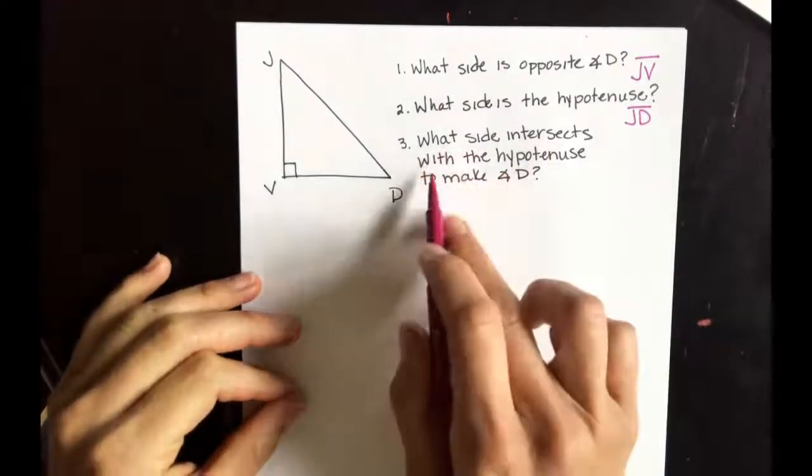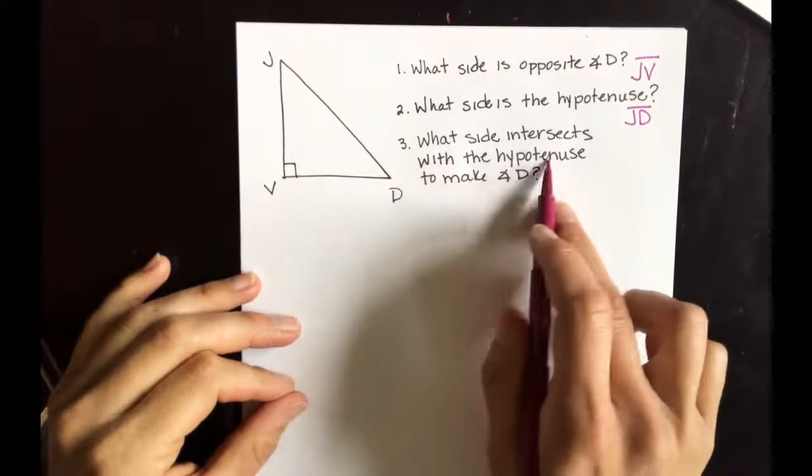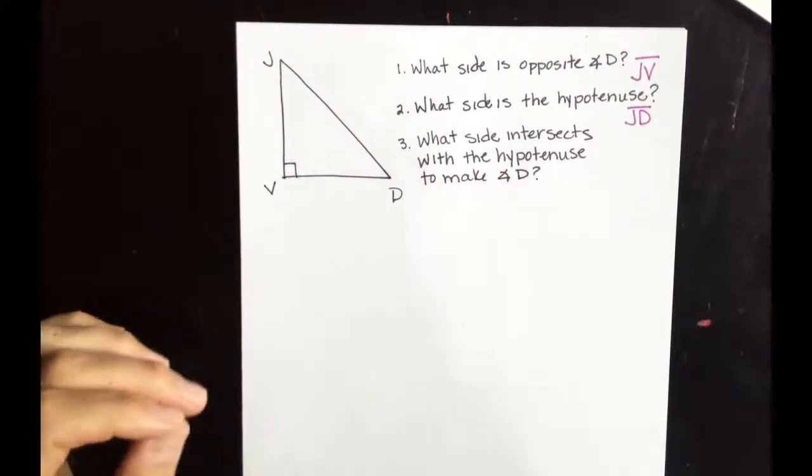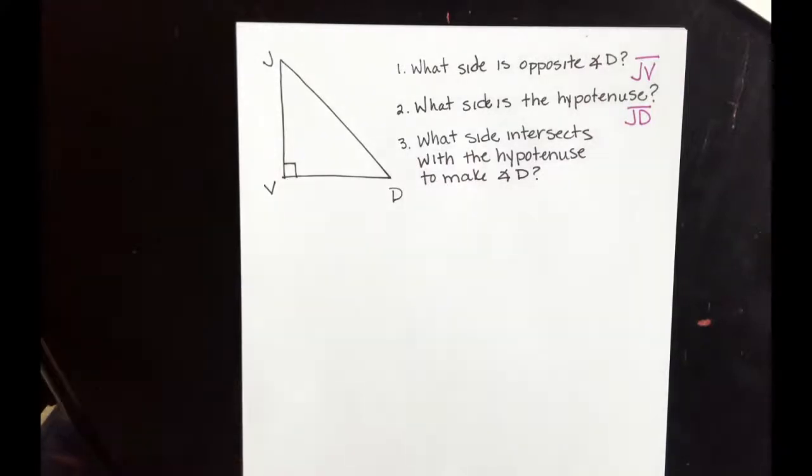So what side intersects with the hypotenuse to make angle D? And again, if you know, you can type that in.